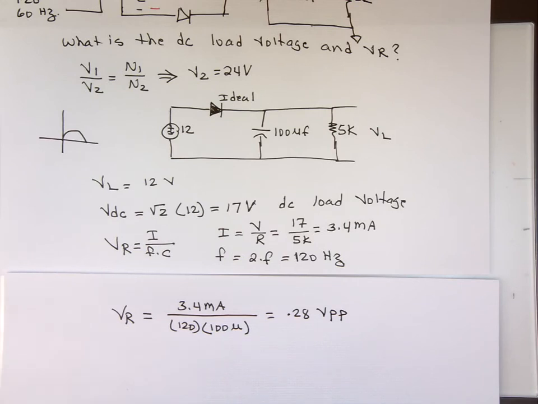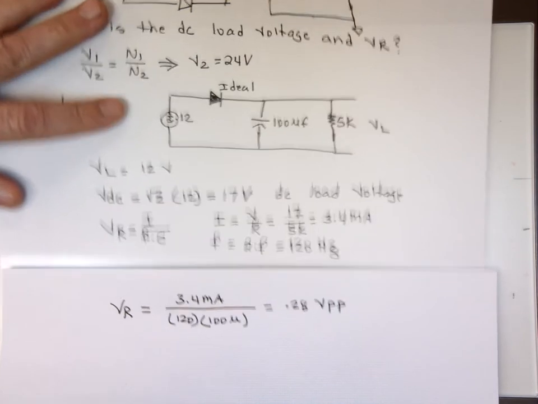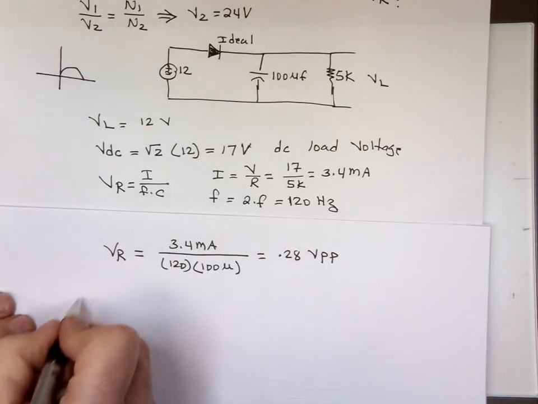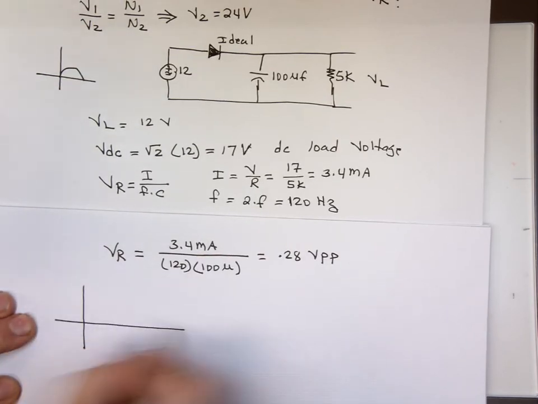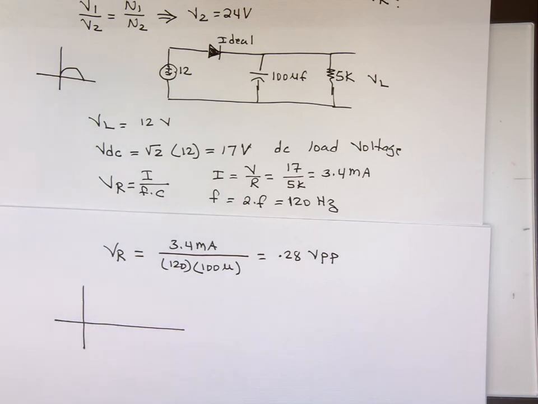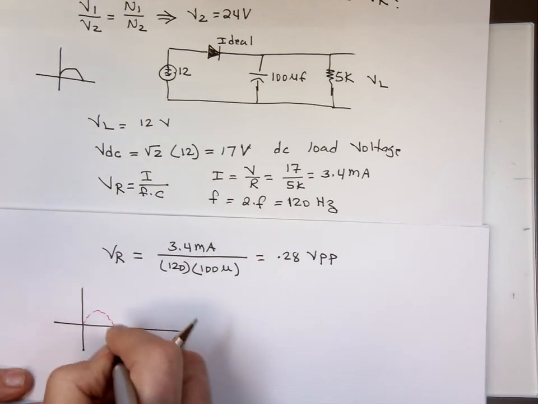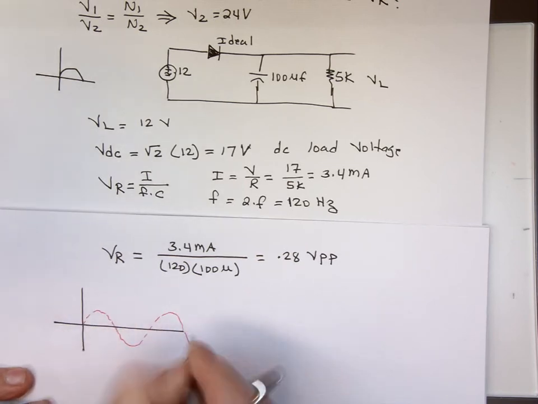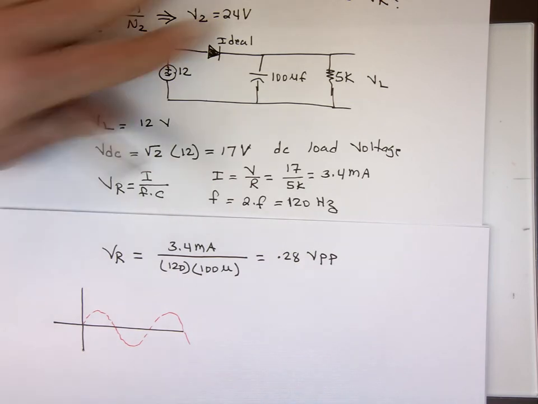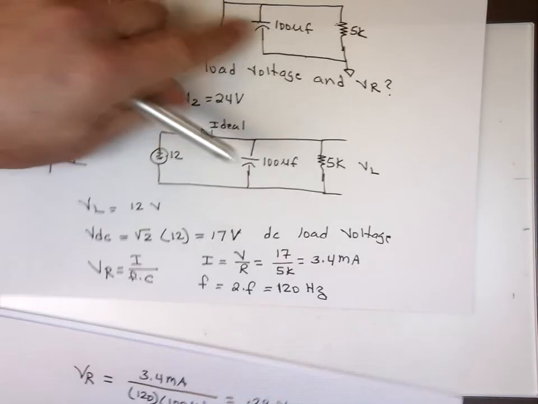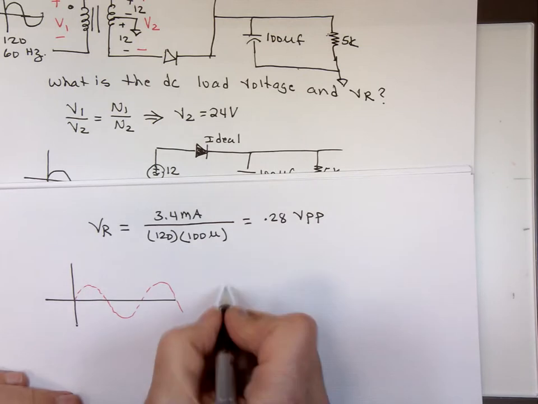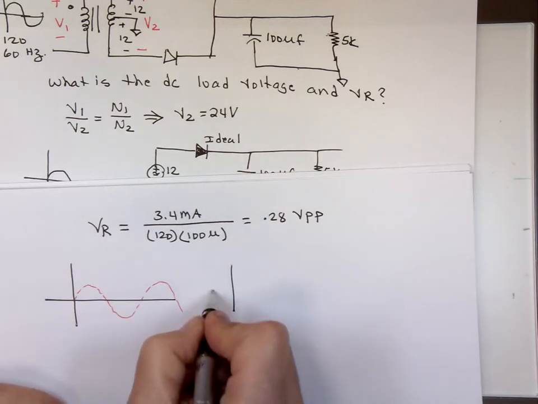So that's why when you look at the full wave rectifier, if your input source looks like this, and I don't have the capacitor to filter it, my output voltage will look like this, VL.